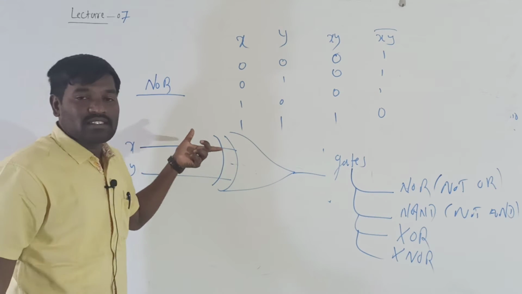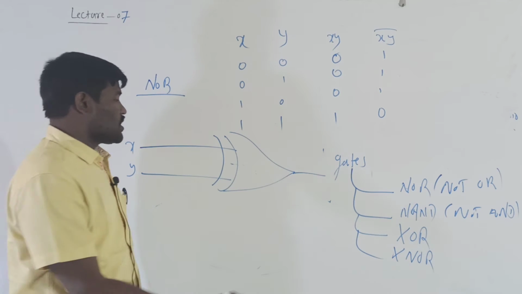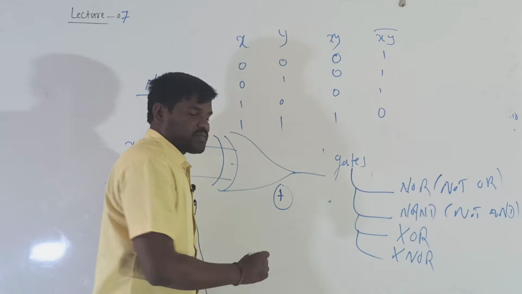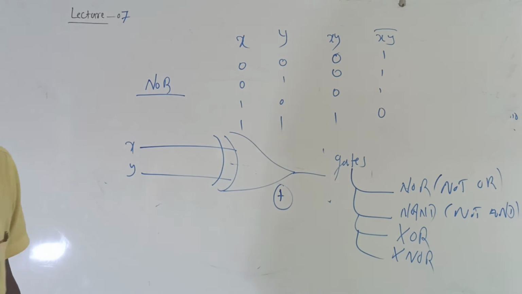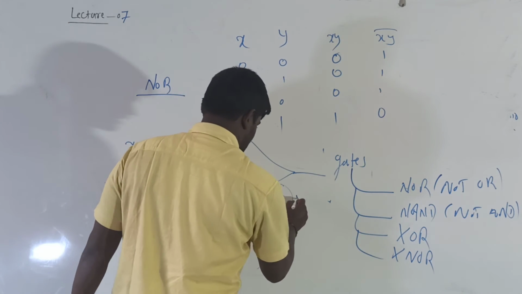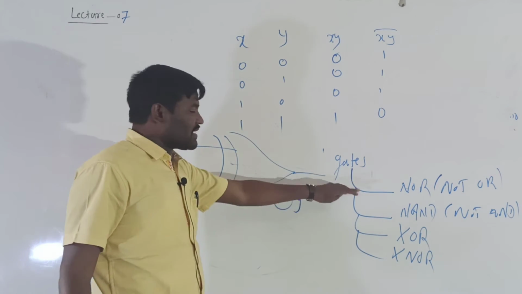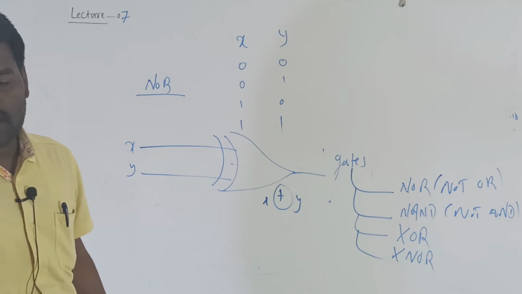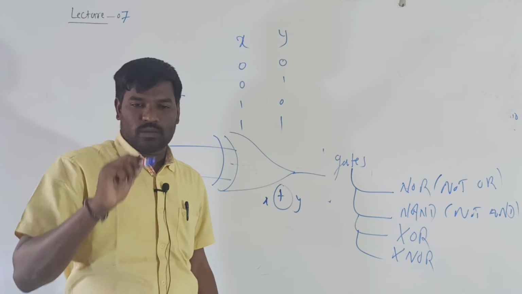This is the circuit symbol for the XOR gate, that is exclusive OR. The symbol we represent is plus with a circle, x plus y. The difference between OR and XOR is, if both the inputs are the same, the result must be 0.